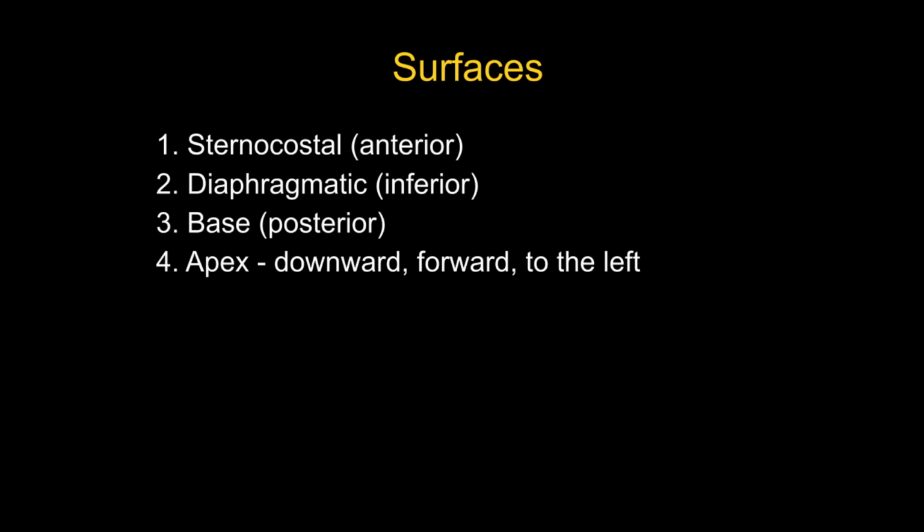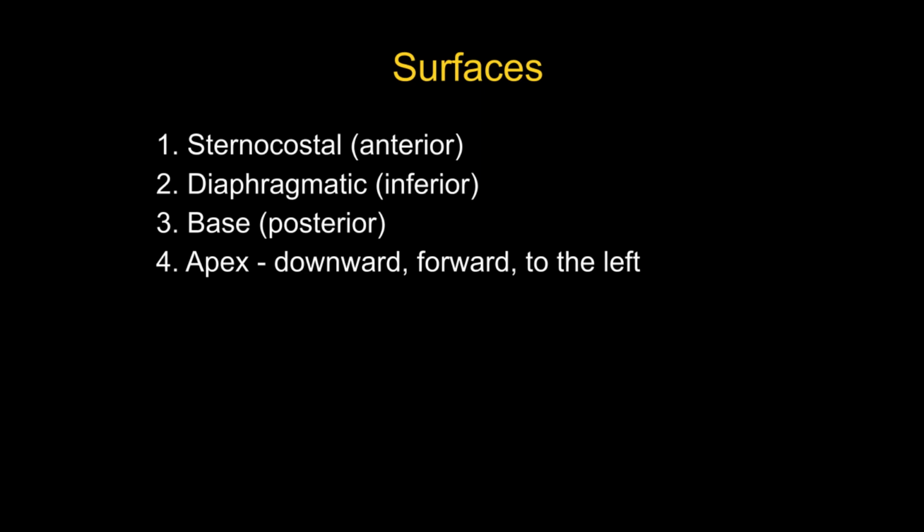Now we go to the different surfaces or the faces of the heart, if you think of it as the moon. So the part of the heart that faces you from different planes. In the usual anatomical position, the ones we see in the atlas, the part of the heart that faces us, or the anterior surface, is called the sternocostal surface.